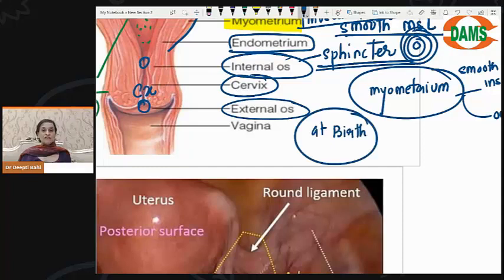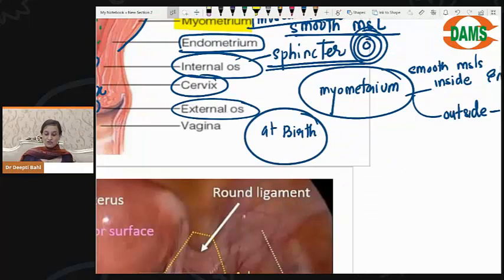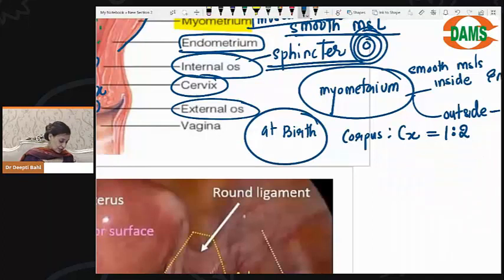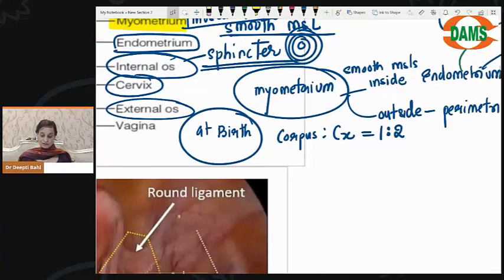When a girl is born, at that time, the cervix is the major part as compared to the body or the corpus, right? So we said at birth, the ratio of corpus to cervix is 1:2. Okay, remember this, right? So at birth, the ratio of corpus to cervix is 1:2. Gradually, as this girl grows up, you will see different changes happening there.